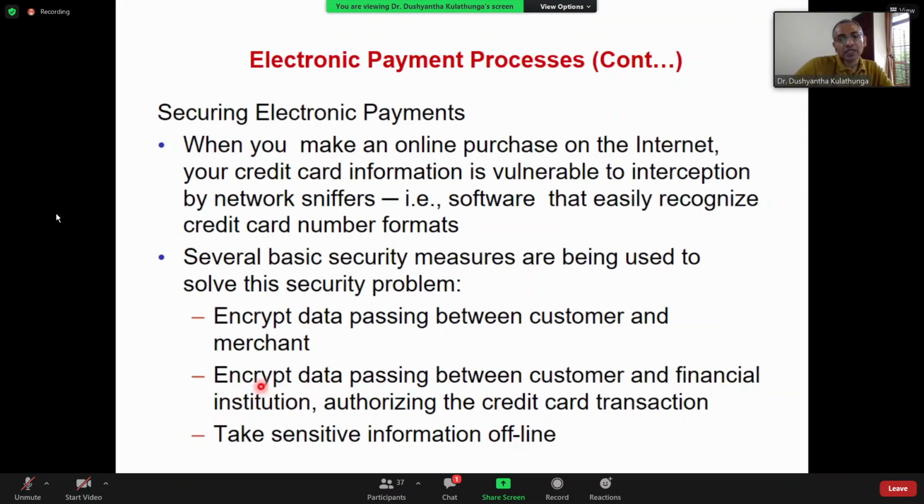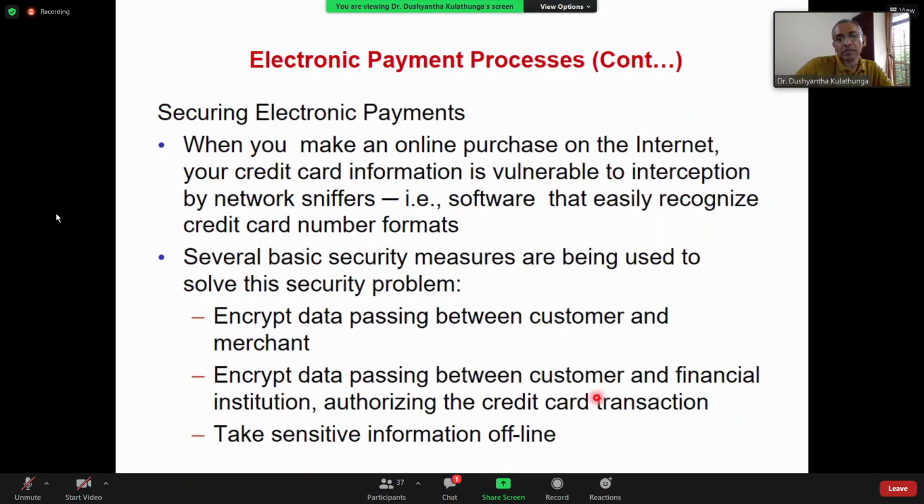Then another option is to encrypt data passing between customer and the financial institution authorizing the credit card information. Now there can be some information communicated directly between the buyer and the merchant, especially when credit card payments are made.